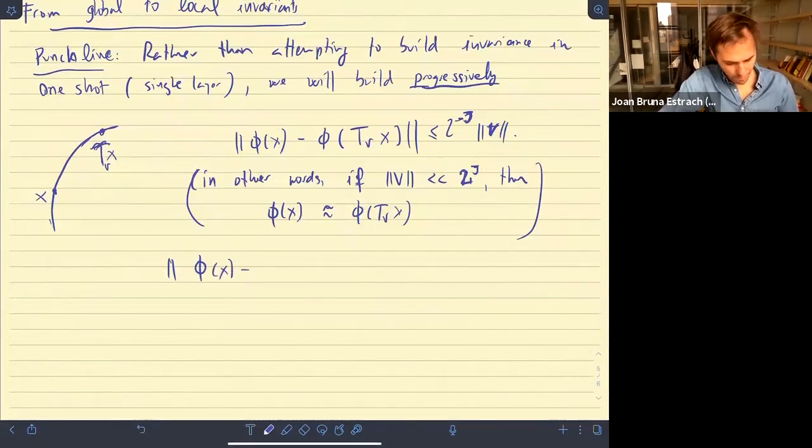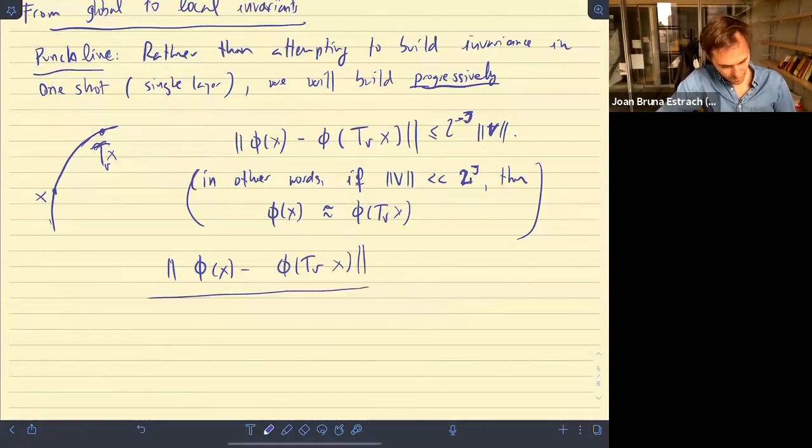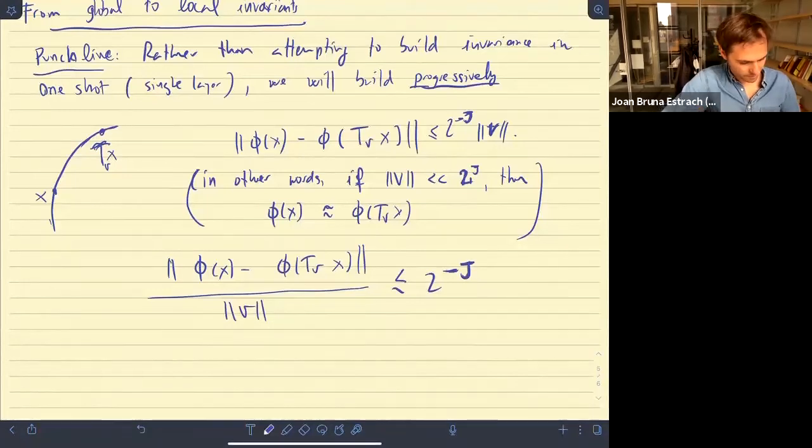So if I think about this problem, I can, very informally, put the norm of b in the denominator and say that this thing is basically upper bounded by 2 to the minus j, for all.